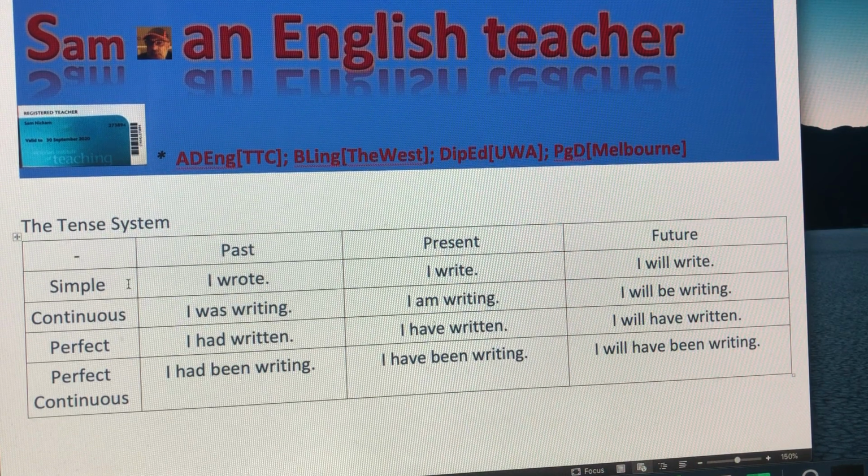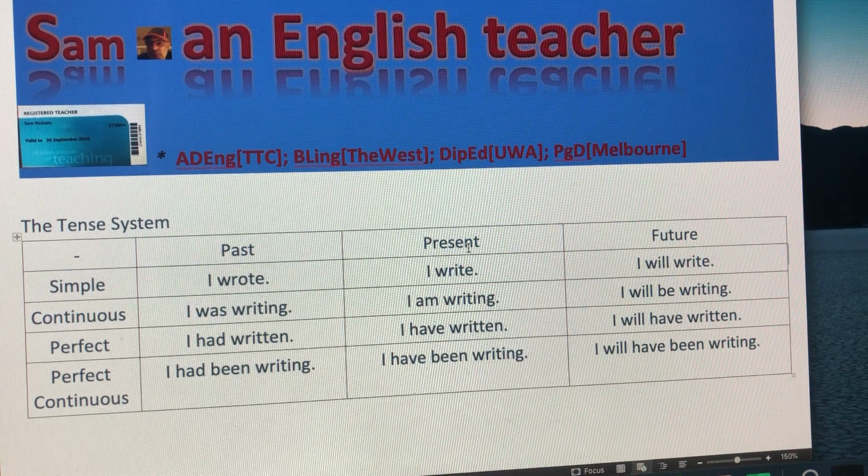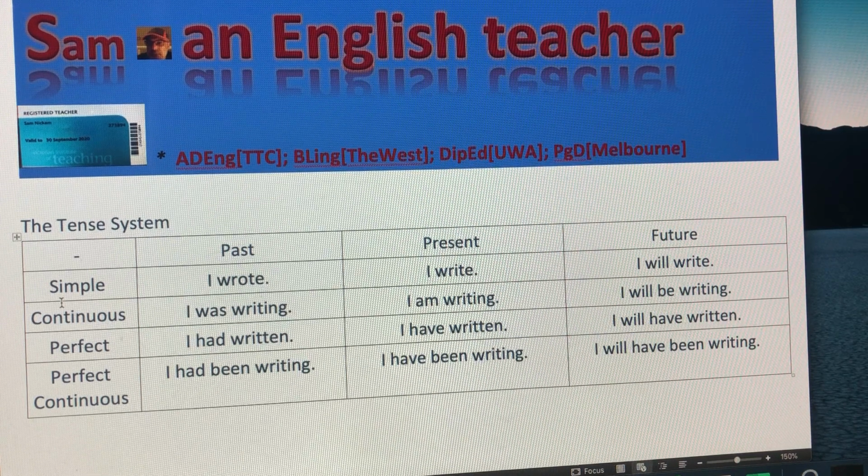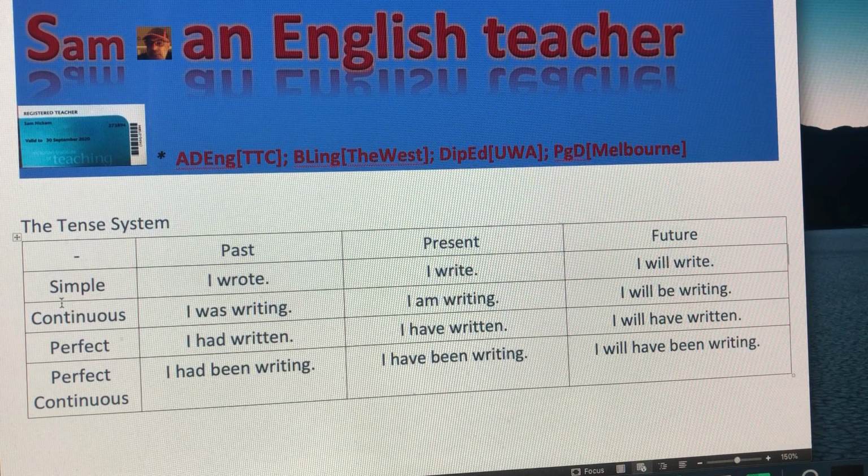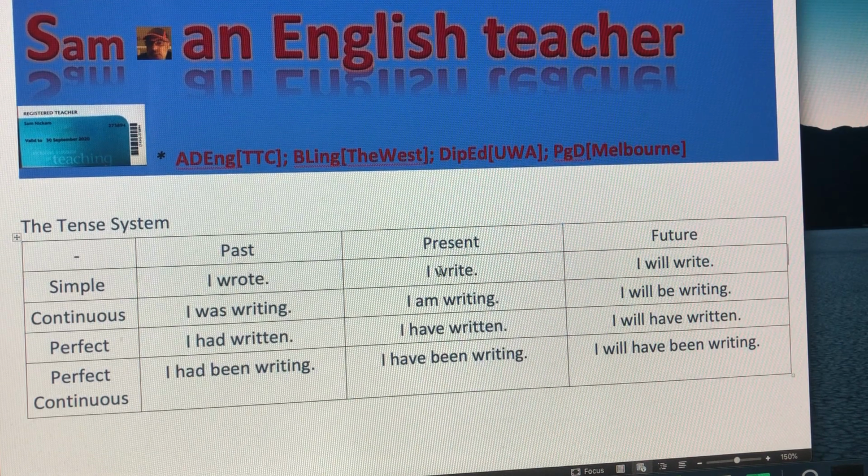It is present simple because there's only one verb involved, and it's a simple present or present simple. The two different ways of saying it is present simple or simple present. It's present because it doesn't say wrote, and it is simple because there is only one verb involved. I write.